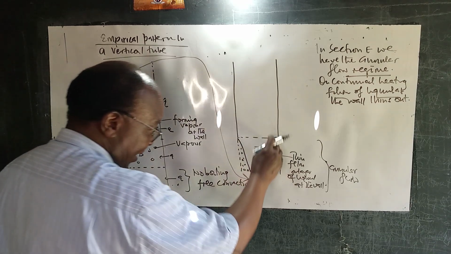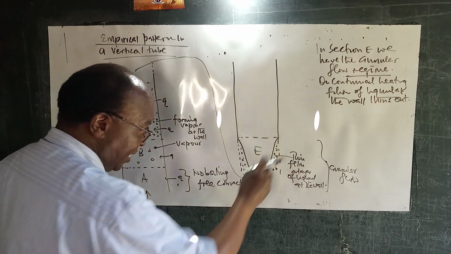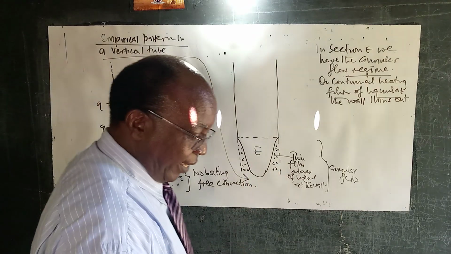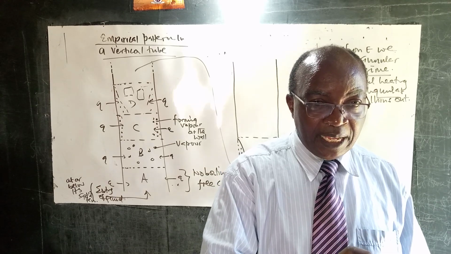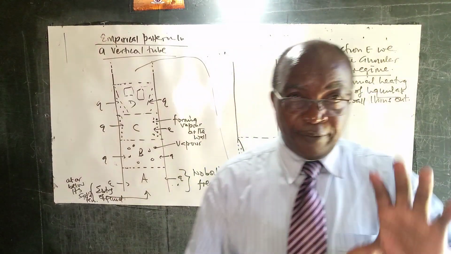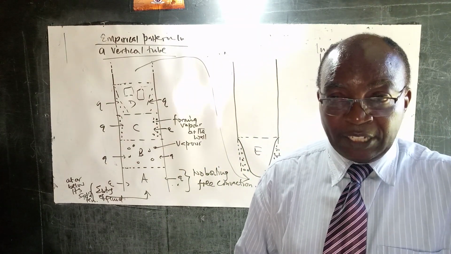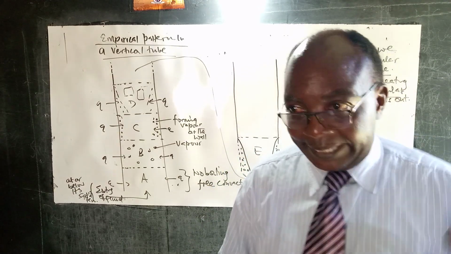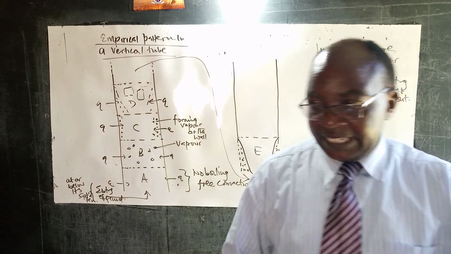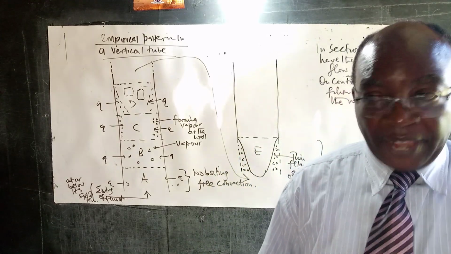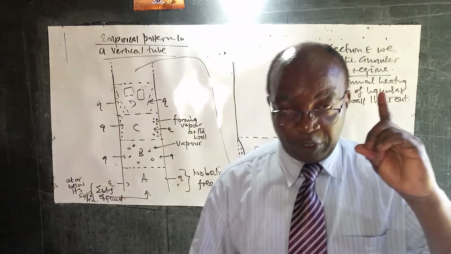It's no longer there. And what does that mean? There will be a sudden change in temperature because of the non-wettability of the wall. The wall is no longer wet, so there will be a sudden rise in temperature, and that is what we call dry out. Very important to note that.